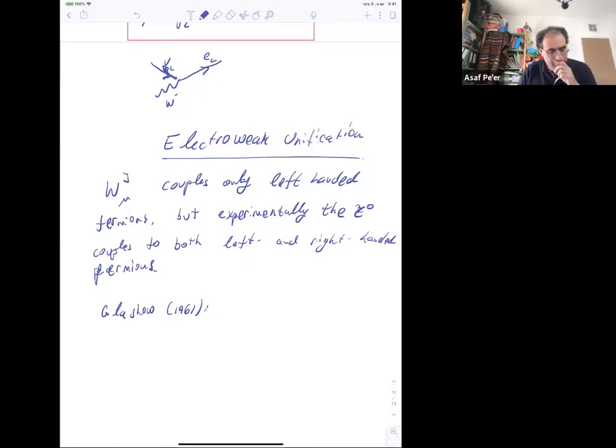So basically, what it does is merging together the weak interaction and the electromagnetic interaction, and mixing them together into two more fundamental interactions.